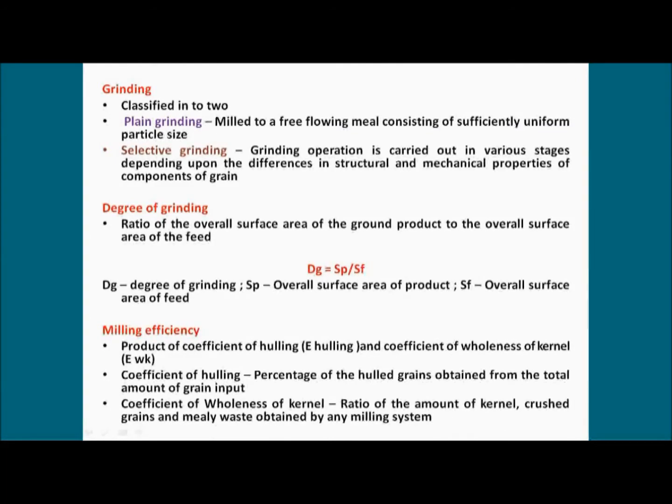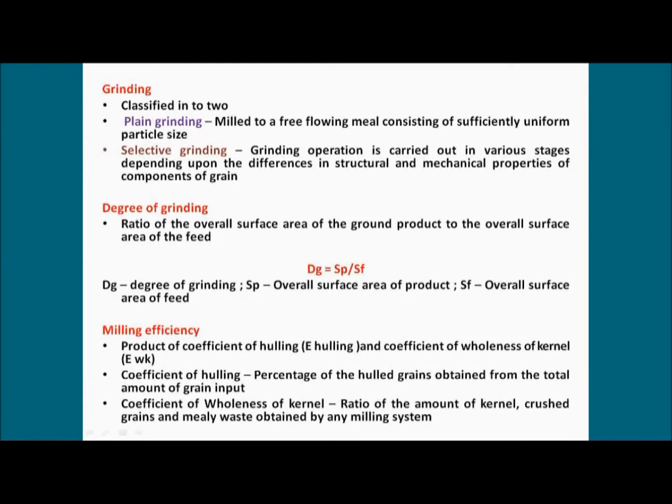Similarly, the coefficient of wholeness of kernel. Now what is the coefficient of wholeness of kernel? It is the ratio of the amount of the kernel crushed into grains, and merely waste obtained by any milling process or milling system.